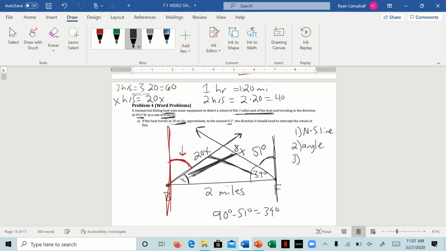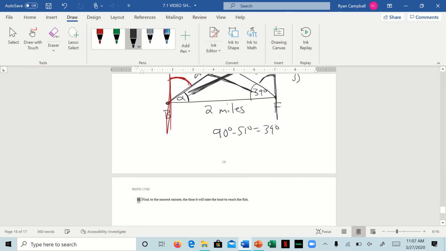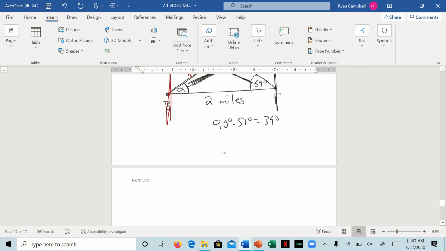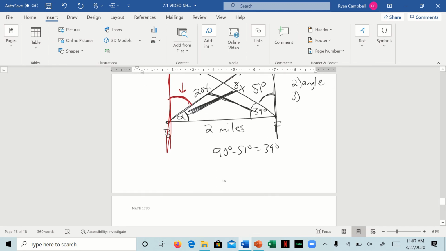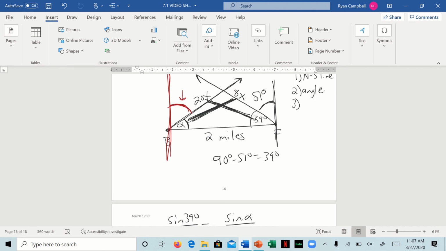We can figure out what this little angle is. We can call this alpha. Using the law of sines, we can see sine of 39 degrees over, what's it across from? It's across from the 20x, equals sine of alpha over, what's it across from? 8x.